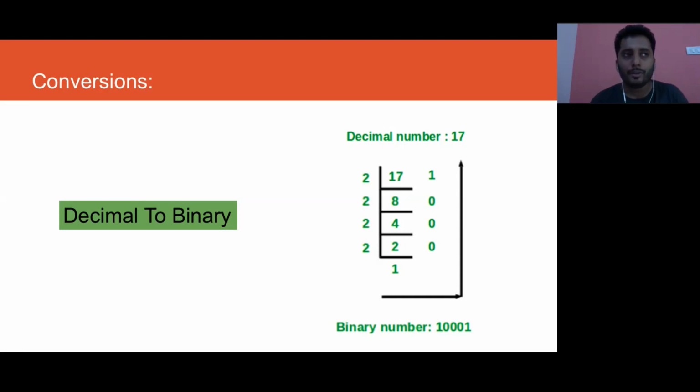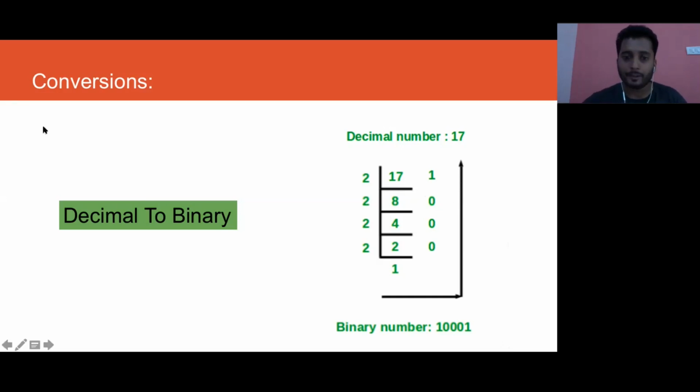So it is always important for us to learn how to convert from one number system to another, and vice versa, so that you can do programming in a much better way. I have shown you on the slide how to convert your decimal number system into the binary number system. The number that I've given you is 17.